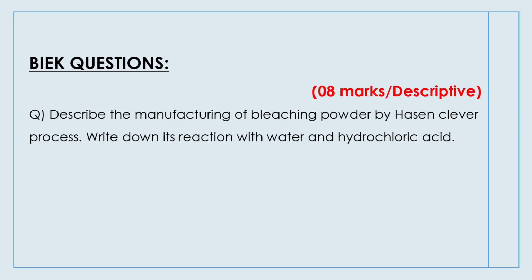Make sure when you attempt such questions, you read the question with clarity. Because most of the students, when they attempt these questions, are in such a hustle that they do not read the question completely and they only draw the diagram and write the Hasen Clever process. And if the answer is incomplete, you will not get any mark. You will only be marked on the answer that you have reported for the question.